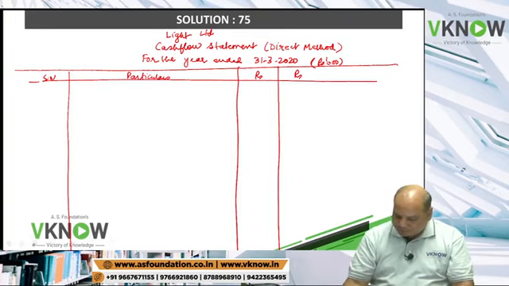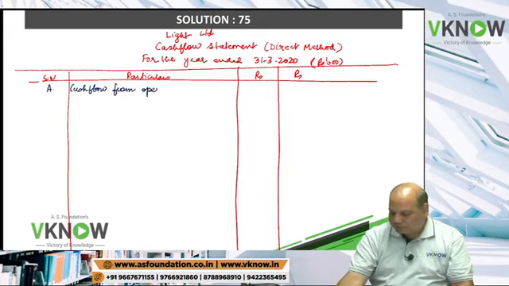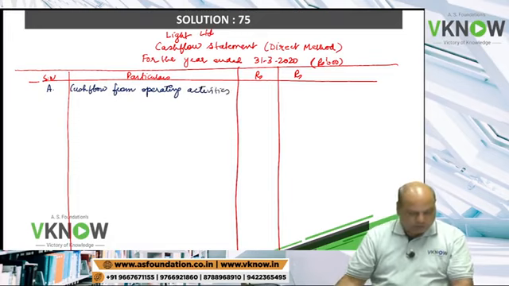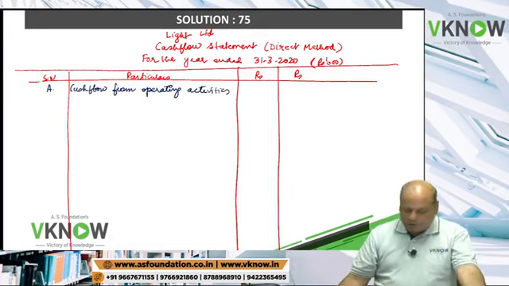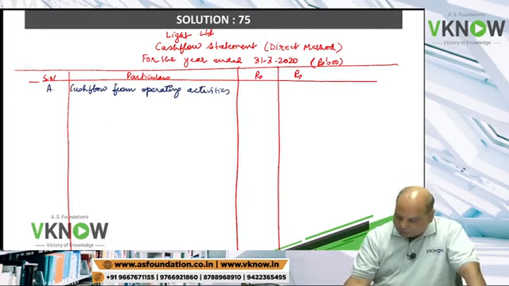First write point A, cash flow from operating activities. Keep around 7 lines blank.